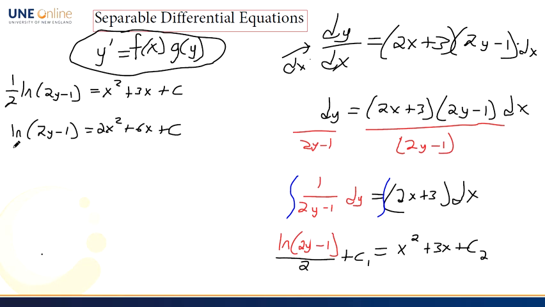And now trying to get y by itself, we've got to have e to the power of natural log of 2y minus 1. And we'll do the same to the other side. And then e to the natural log, those are going to undo each other.